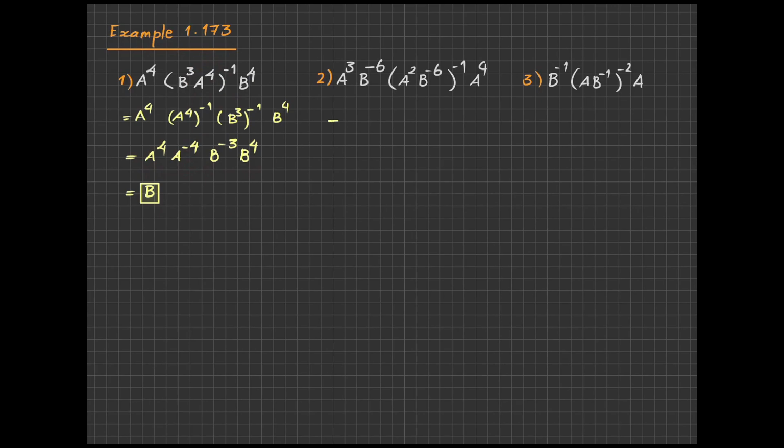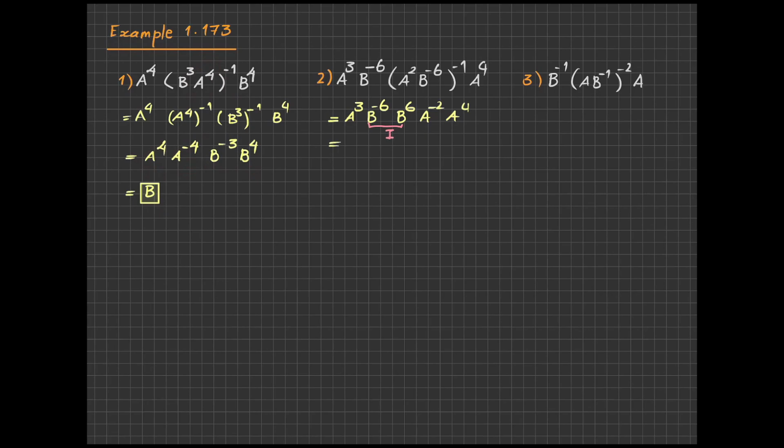Okay, so the second one is more or less the same thing. So it becomes a to the power 3, b to the power minus 6. And the middle one is, okay, we can do it quickly: b minus 6 inverse, which is b to the 6, and a to the power of minus 2, and then a to the power 4. But the middle one is simply I, and then it becomes a^3, a to the power minus 2.